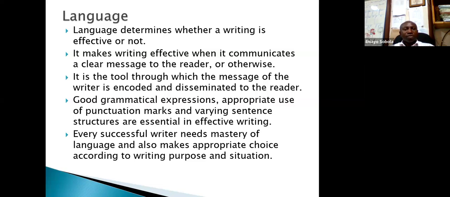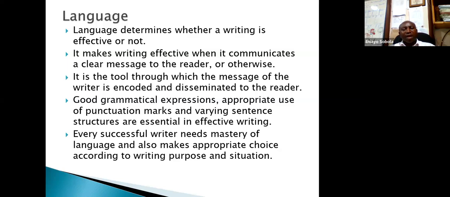So language is the tool through which the message of the writer is encoded and disseminated to the reader. It determines the nature and quality of your writing.